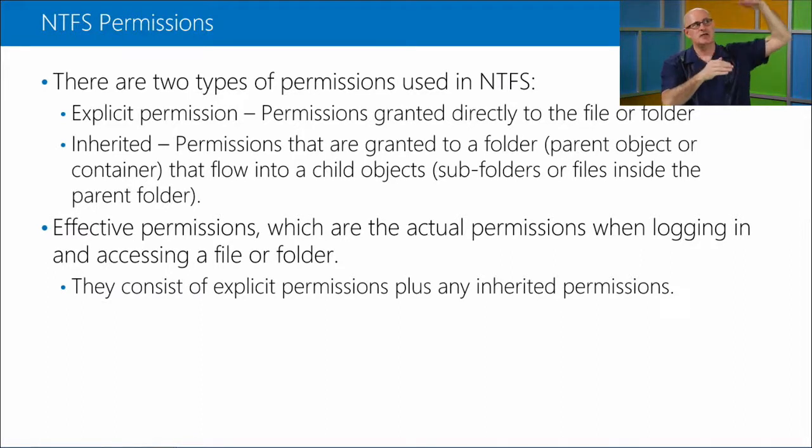Inherited says, somewhere up here in the file system, a folder has been given permissions, read, write. So down that hierarchy, down that structure, I have those same permissions unless an explicit permission was given. Effective permissions are basically the aggregate, the coming together of your explicit and your inherited permissions.